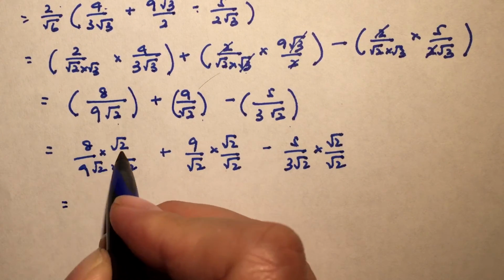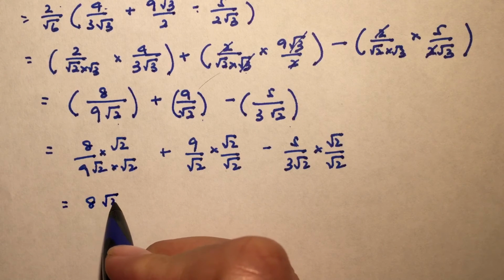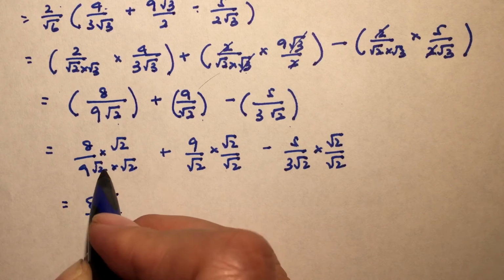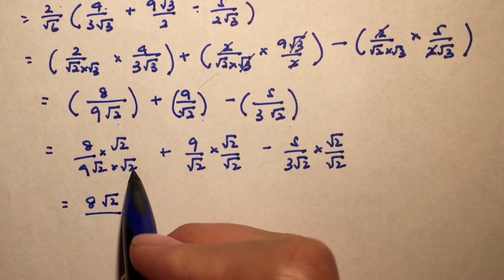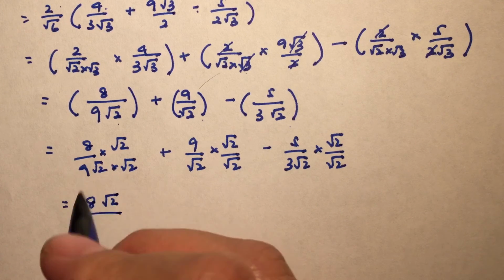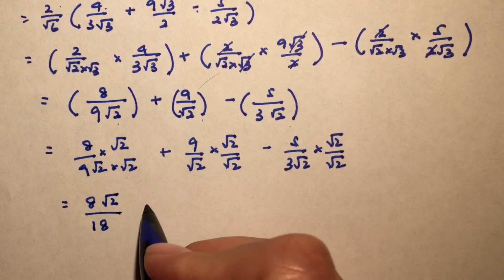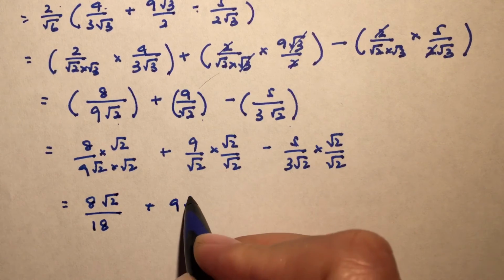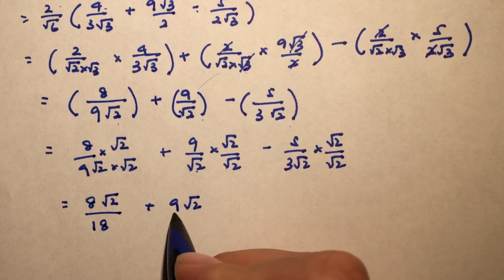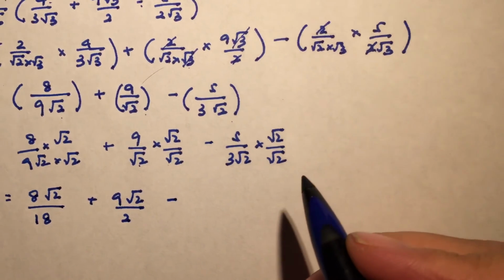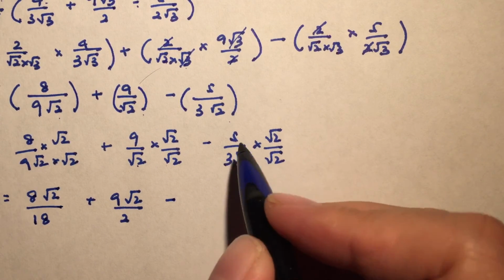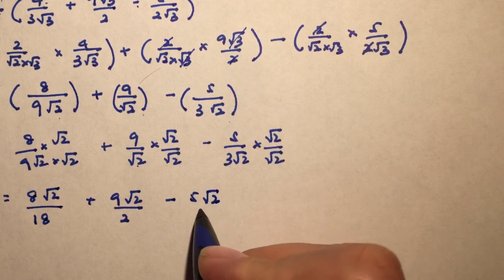So what I will have at the numerator now will be 8 surd 2, and here I will have surd 2 times surd 2, which will give me 2, so 2 times 9 will give me 18. Same thing goes for here. I have 9 surd 2, and surd 2 times surd 2 will just give me 2. And then here, I will have 5 surd 2.